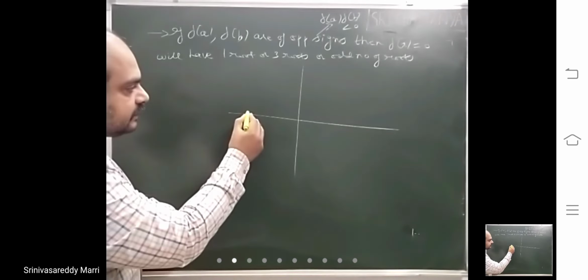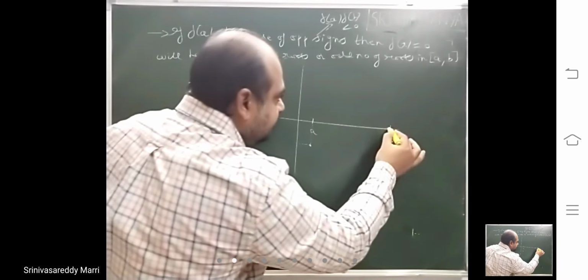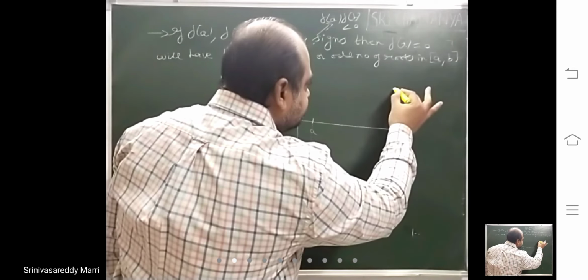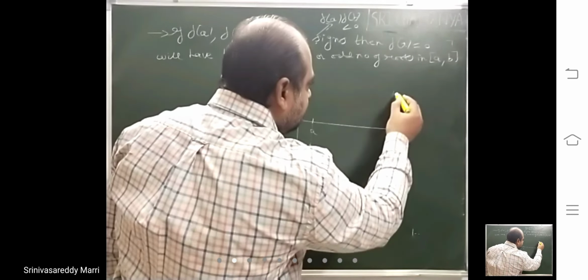Look, suppose a is let us say like this, and b is let us say like this. So f of a and f of b are of opposite signs. Let us say f of a is negative, the graph is here, and f of b is positive like this.